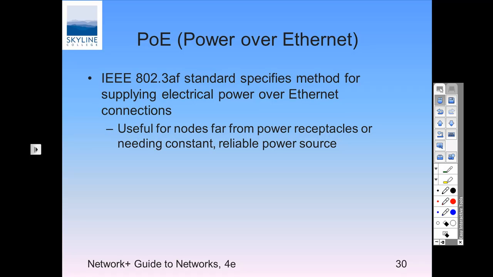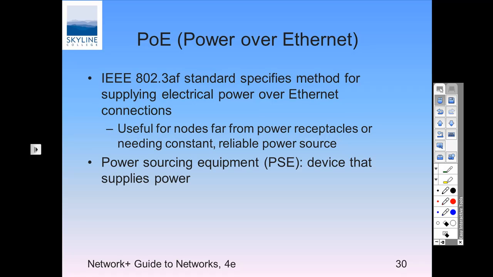If you can power it without having to put a power plug there, it's a lot better, and that's what power over Ethernet does. The 802.3af standard does that. Power sourcing equipment is the device that supplies power.